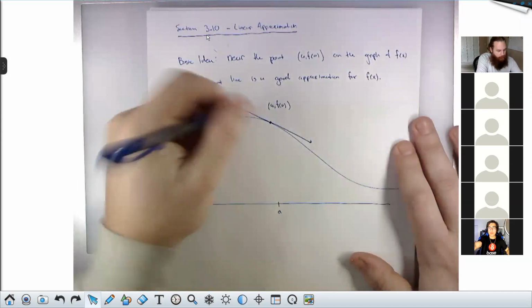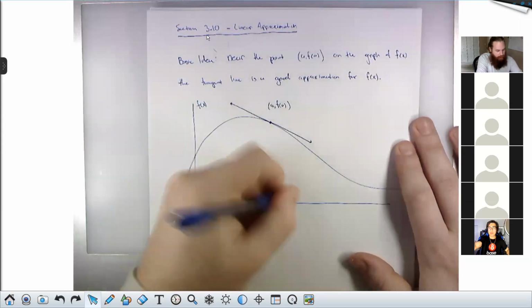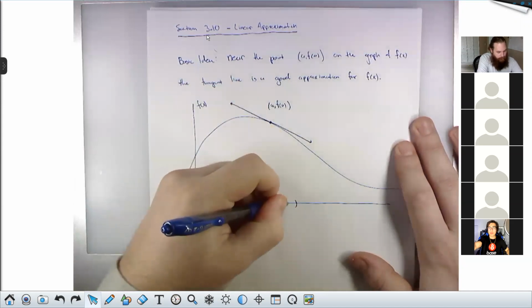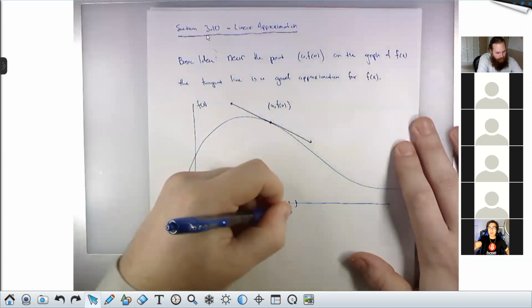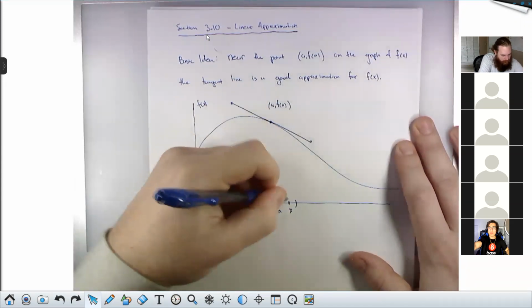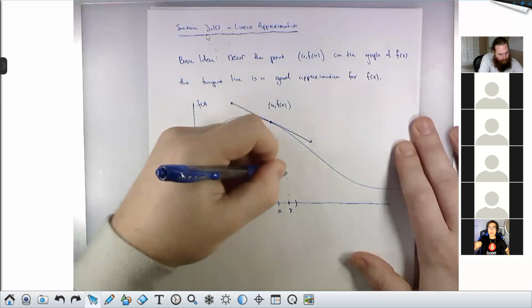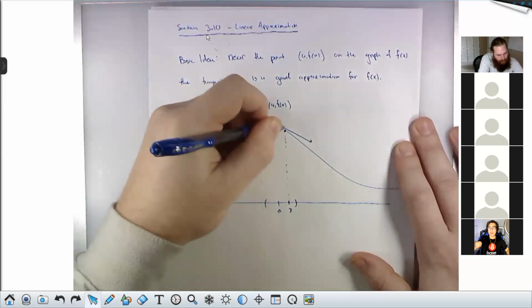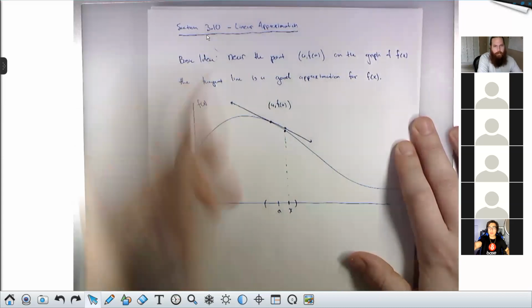Notice that if I stay reasonably close to a, so I take some x value maybe right here, there's not a big gap.